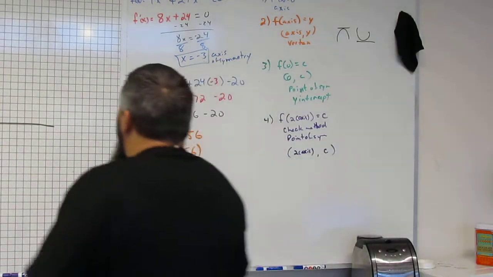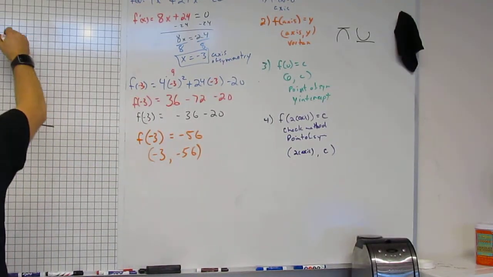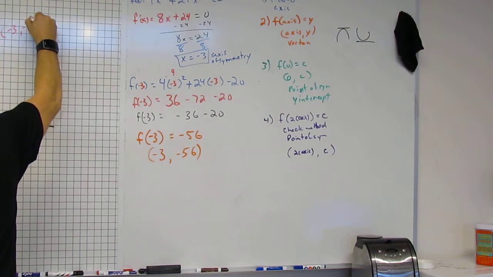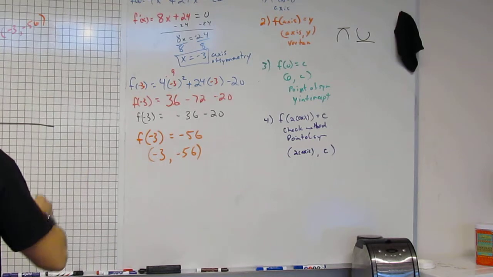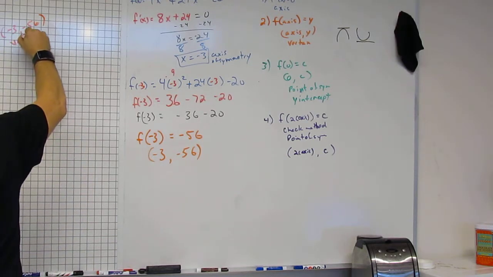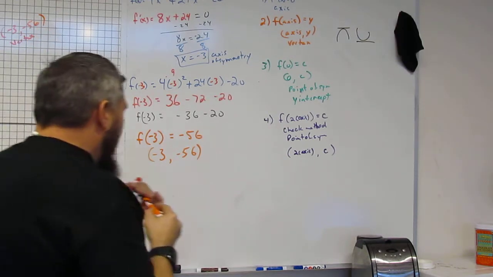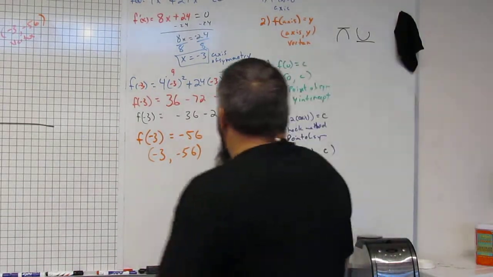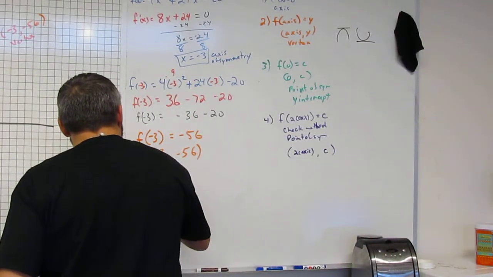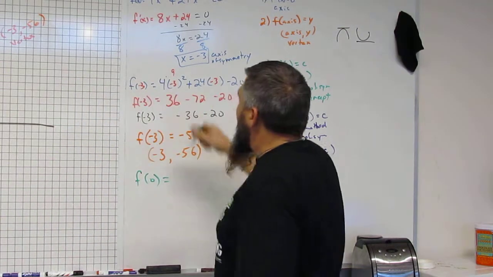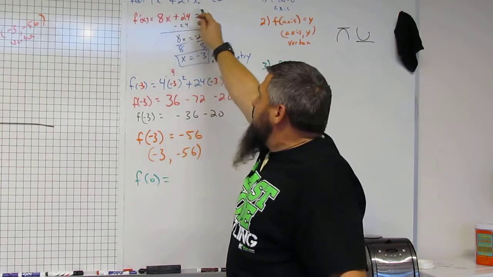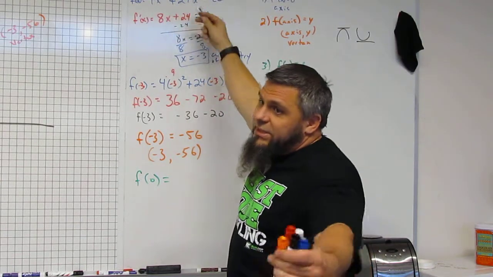So I'm going to put that over here just so I know: negative 3 and negative 56, my vertex. From there, I go to step 3. Step 3 says, if I plug in 0, f of 0, then 0 squared is 0, times 4 is 0, and 0 times 24 is 0.